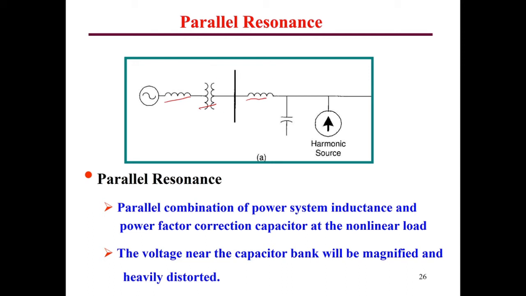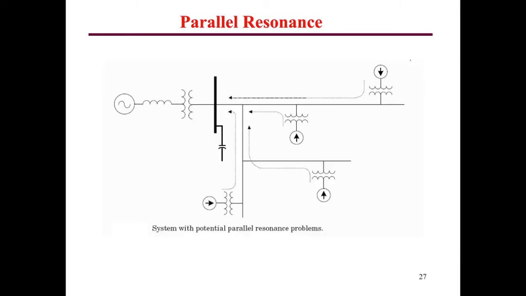In the parallel combination of power system inductance and power factor correction capacitor at a non-linear load, the voltage of the capacitor bank will be magnified and heavily distorted. So this is the system with the parallel resonance problem, feeding the capacitor bank.